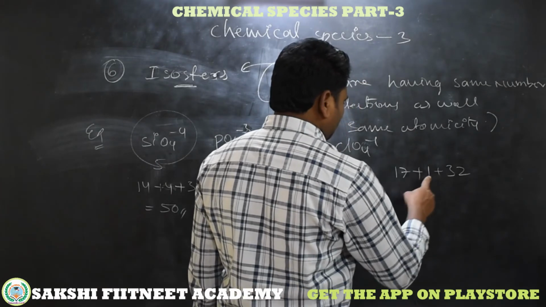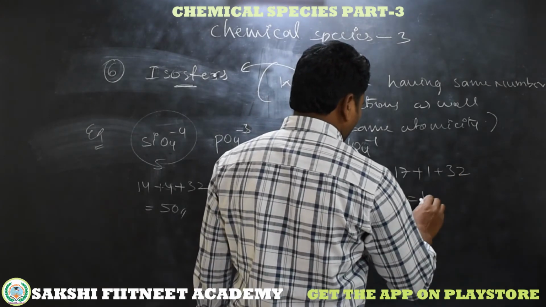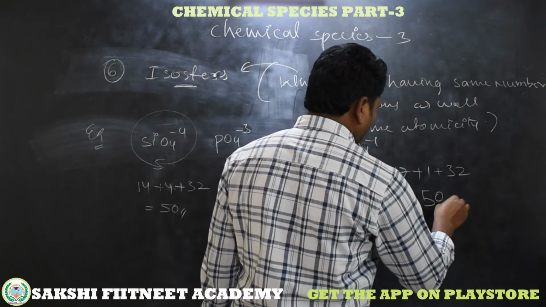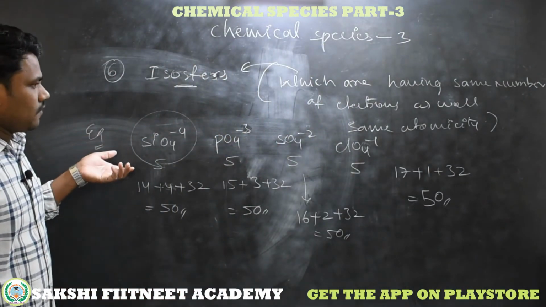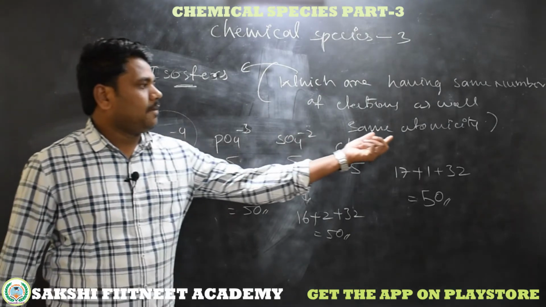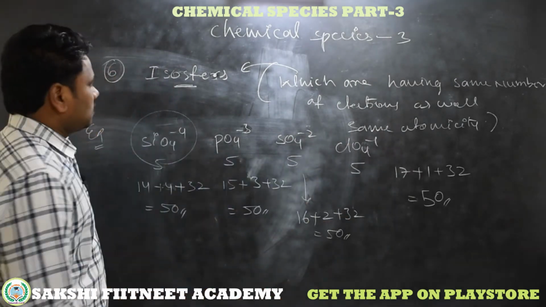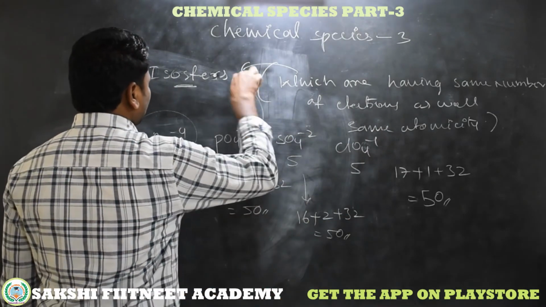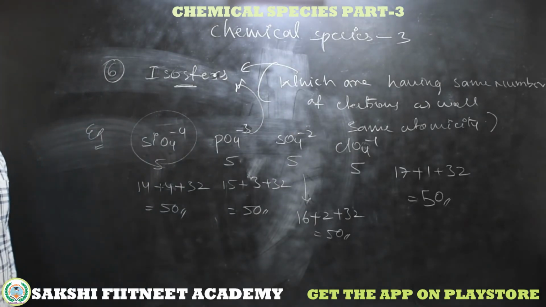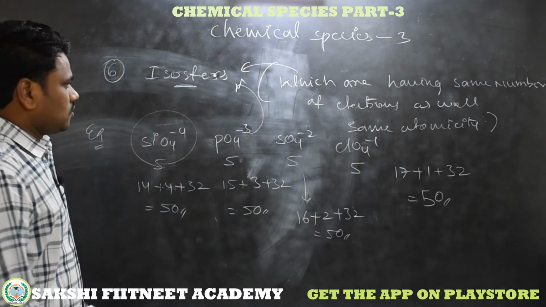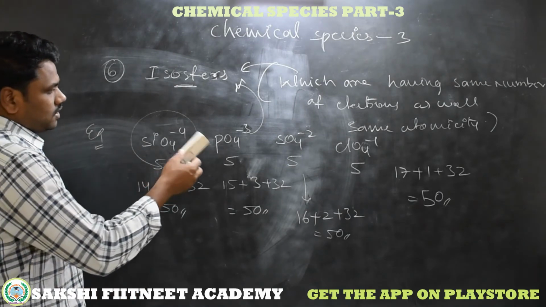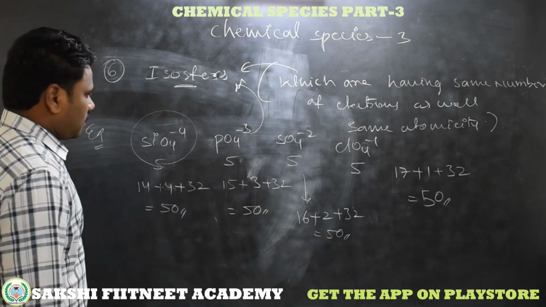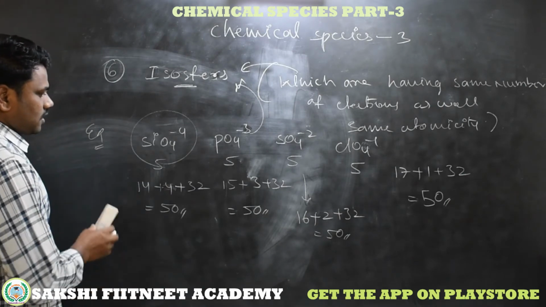Now 17 plus 1 is 18, plus 32, it becomes 50 electrons. So these have the same number of electrons as well as the same atomicity. So these are classified as isosters. So we'll take another example: silicate, phosphate, sulfate and chlorate. This is one example. We will discuss another example.